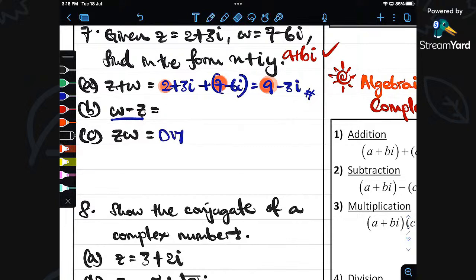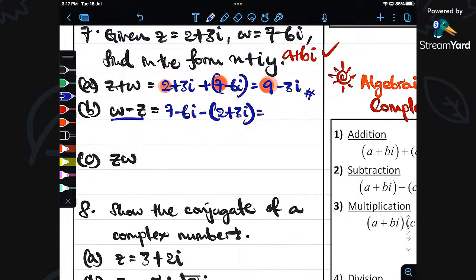I want you to tell me yourself what is the answer for W minus Z. Can you write that in the chat box there? So your friend said here is -5 plus 9i.